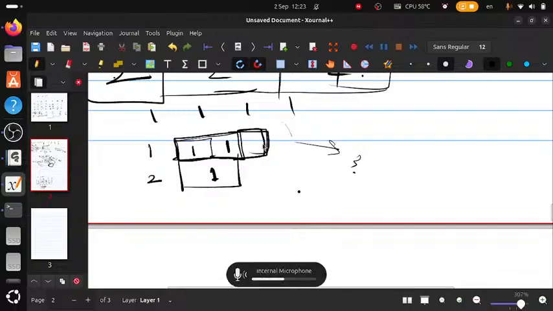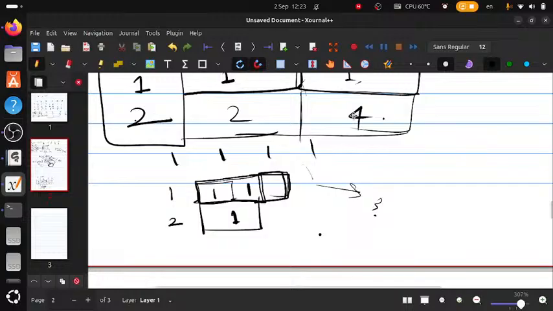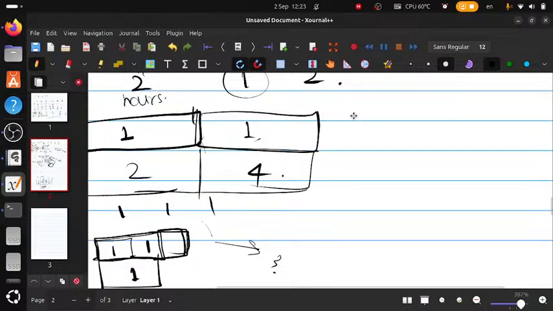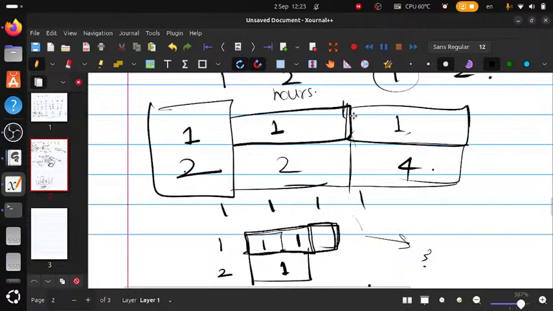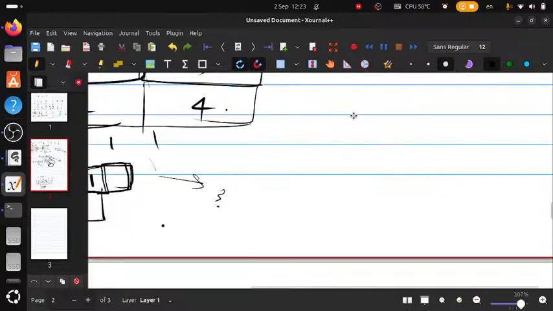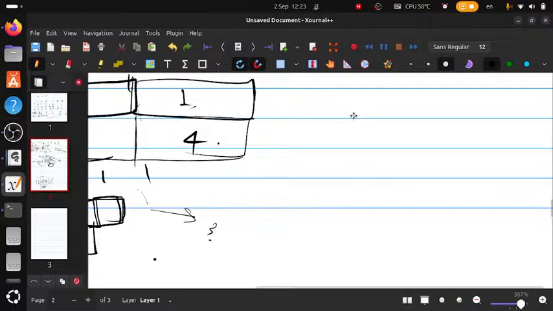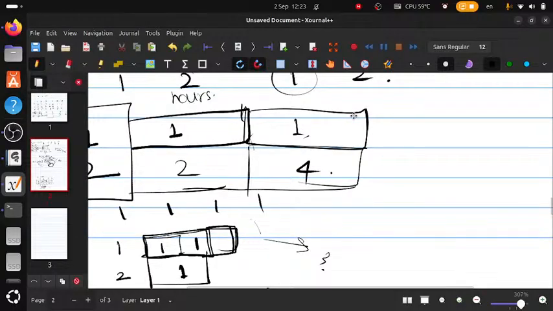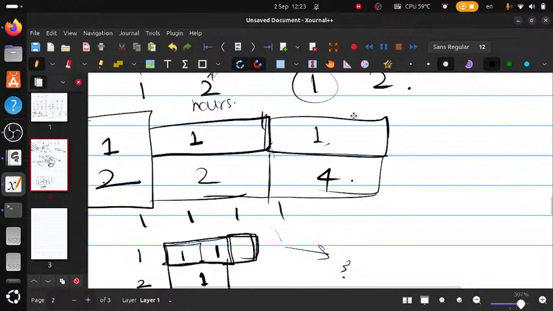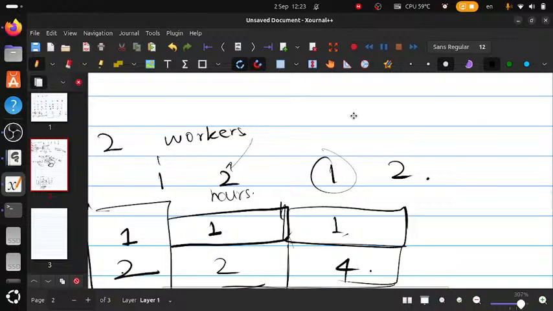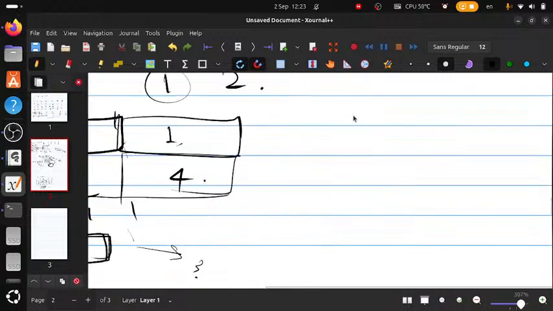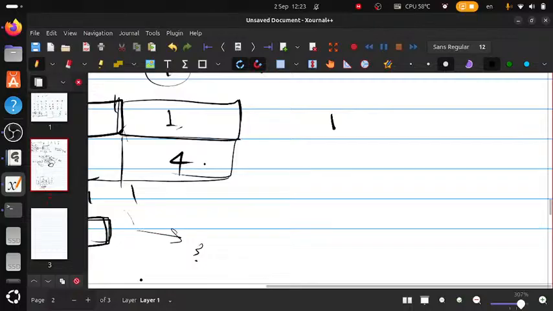How the hell are we supposed to solve this? So once we have this, we can think about it in this manner.